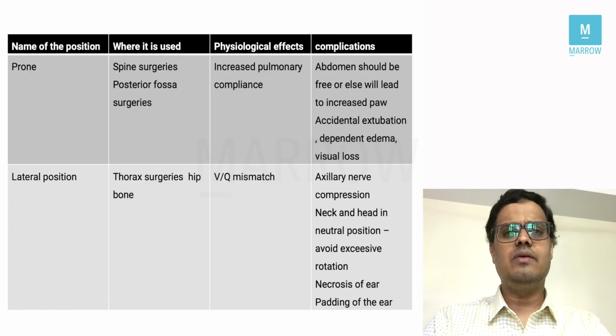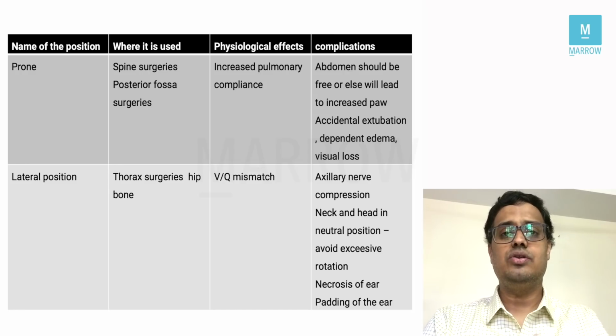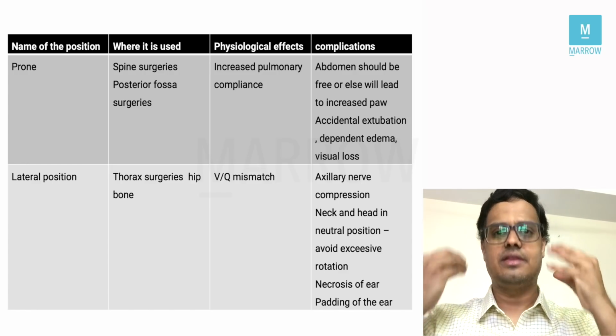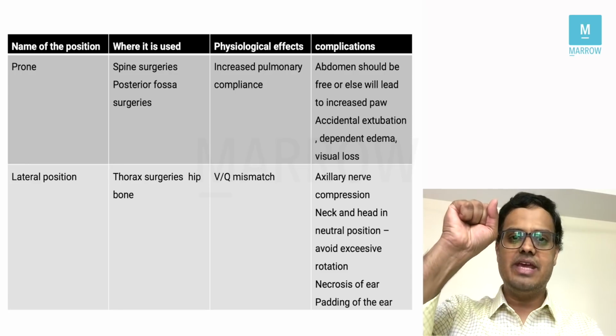But the biggest problem with the sitting position is that there are chances of venous air embolism, which is a very dreadful complication under anesthesia. Because you are in a sitting position, the blood in the veins will be drawn out, and the veins will be in a collapsed state.